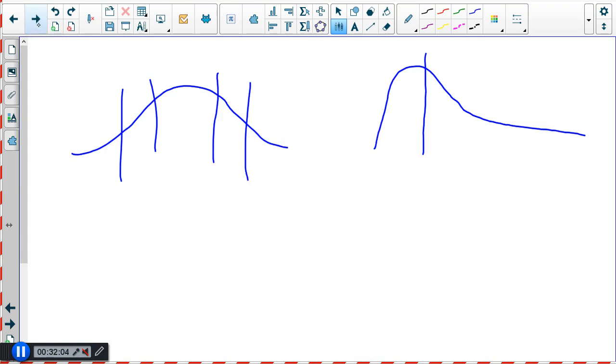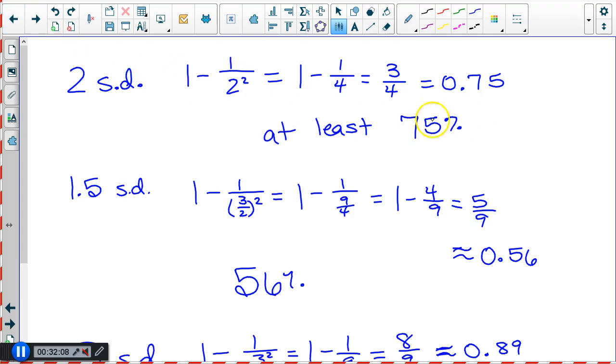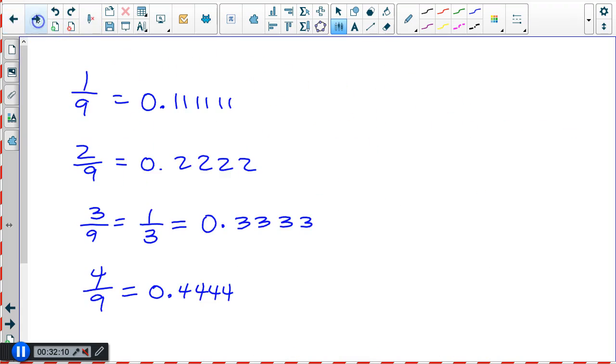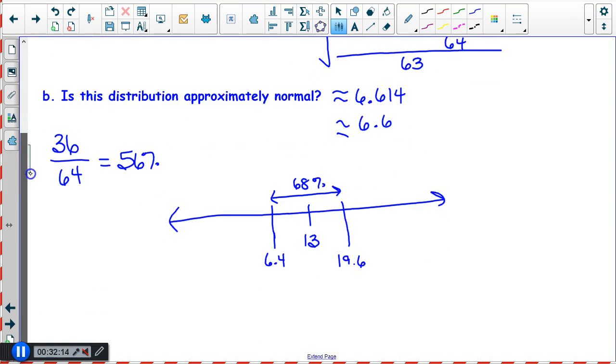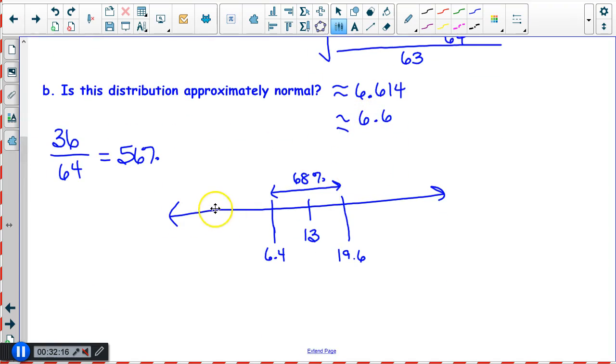At least. It could be more than that. But you know what I'm saying? At least 75%. So 2 standard deviations would be how much? Well, 13.8. So I would subtract 6.6. That would be negative 0.2, right? And add it to this one. 19.6 plus 6.6 would be 26.2.